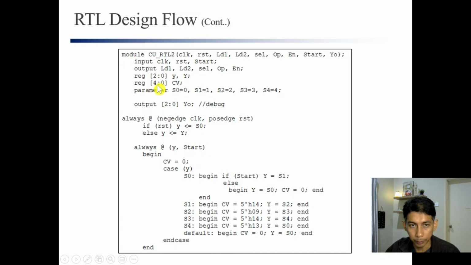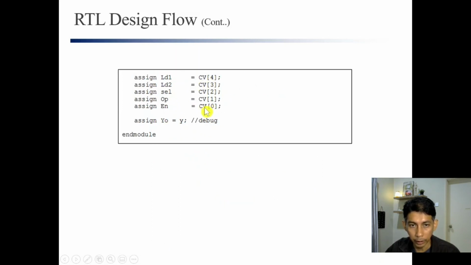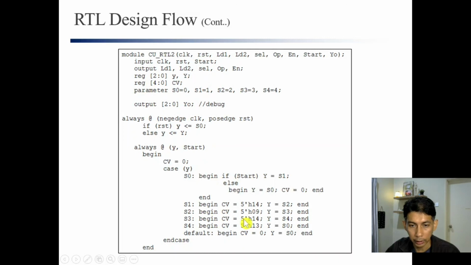And this is 5 bits, and CV is actually bit number 0, CV0 is EN, CV1 is OP, all right? So that inside here we can write something like this. Okay, so CV is, for example, S1, CV is 14. So what is 14?